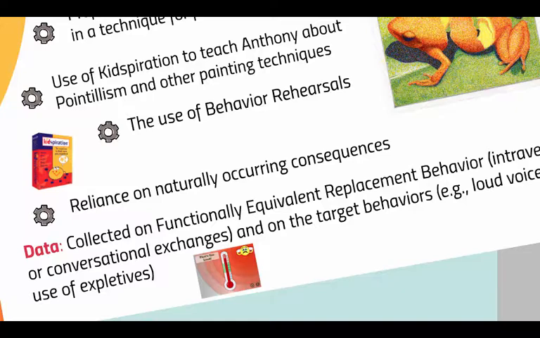It was immediately reinforcing to Anthony to have Gracie respond with such enthusiasm and with such interest that the natural consequences took over. And this is something that we want to do when we're talking about the generalization of skill and the generalization of an effect. We want to rely on naturally occurring consequences. So this is exactly why we did this.